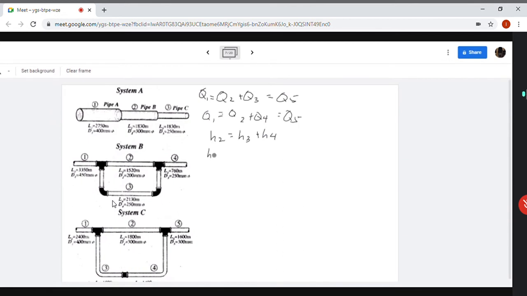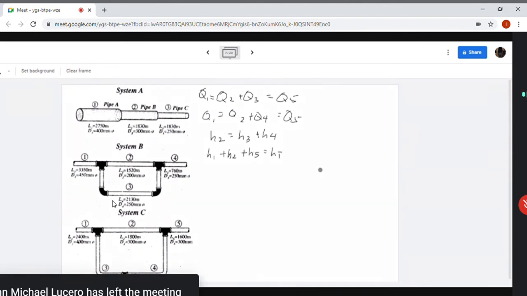Then head loss 1 plus head loss 2 plus head loss 5 is equal to the total head loss.